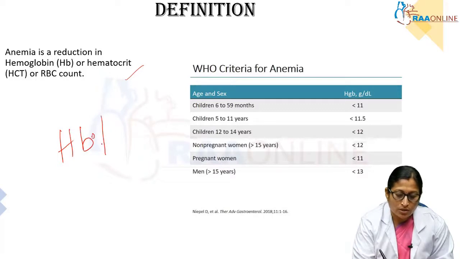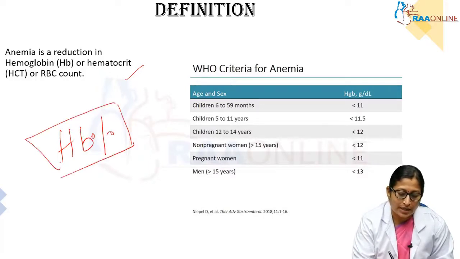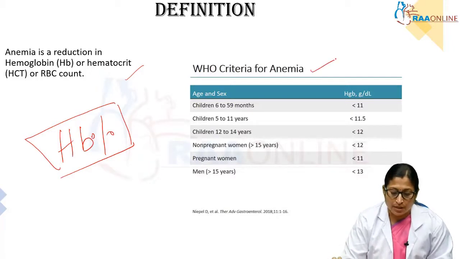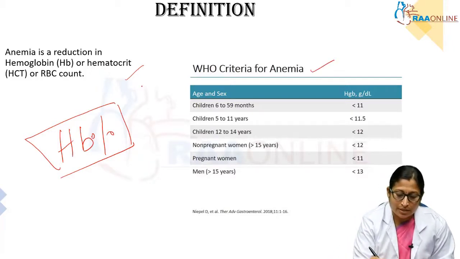So how much reduced is what you define as anemia? For that you have the WHO criteria for anemia. Just remember these numbers: 11, 12 and 13.